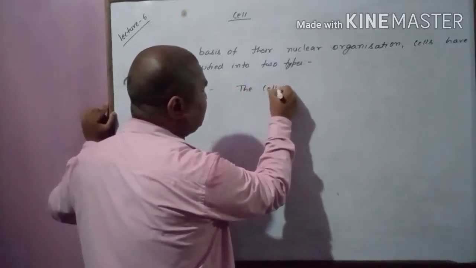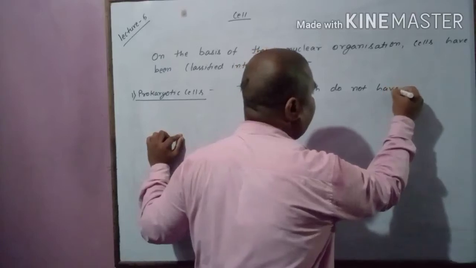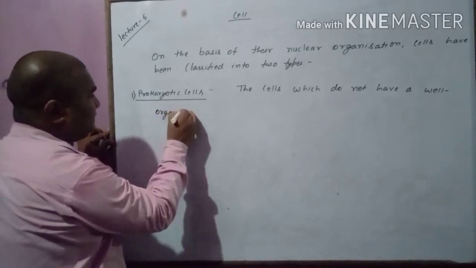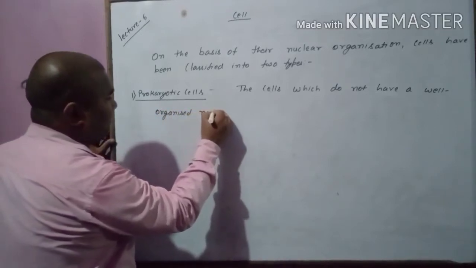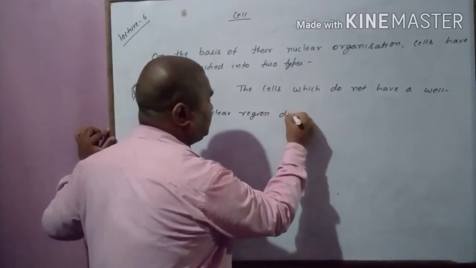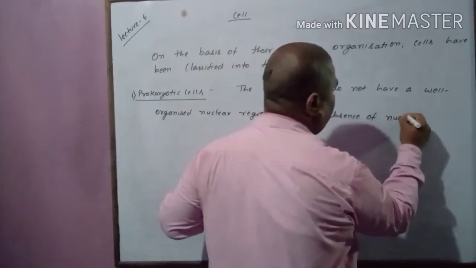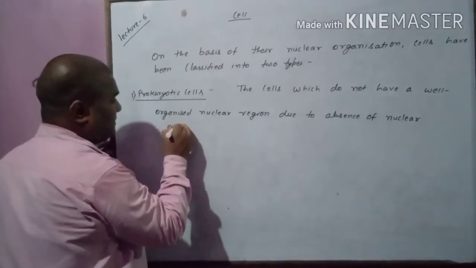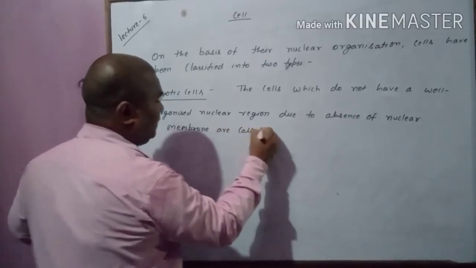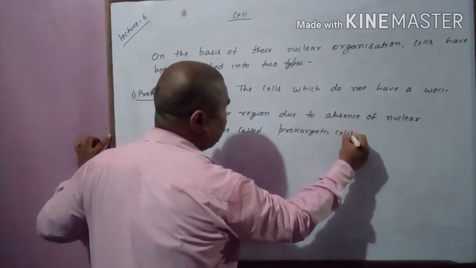The cells which do not have a well organized nuclear region due to absence of nuclear membrane are called prokaryotic cells.